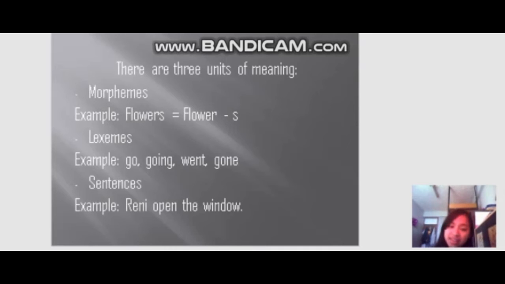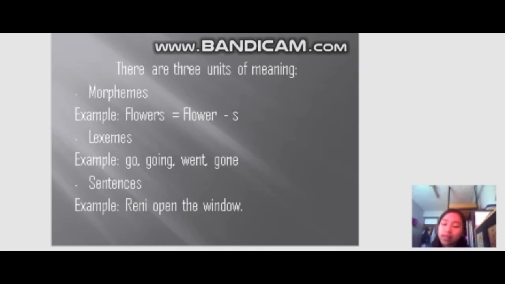Next is sentence. Sentence meaning is a pivotal component of a general account of linguistic meaning. The meaning of a sentence derives from the meaning of its constituent lexemes and from the grammatical meaning. A sentence we can also call a statement.